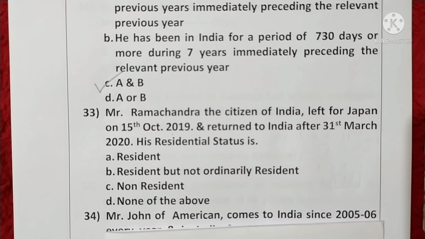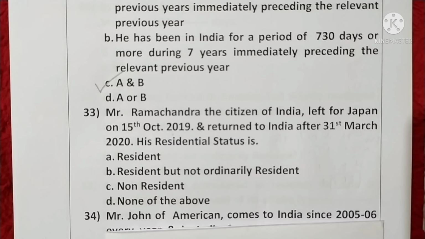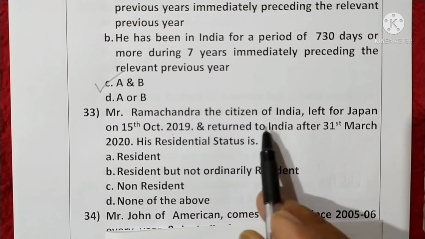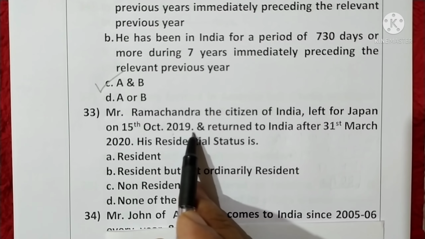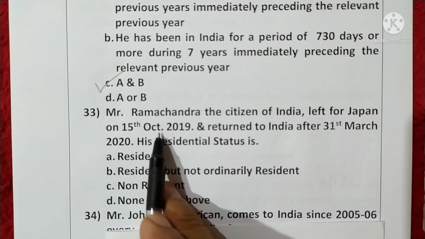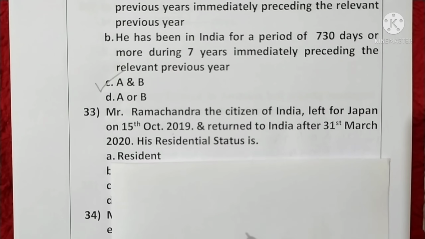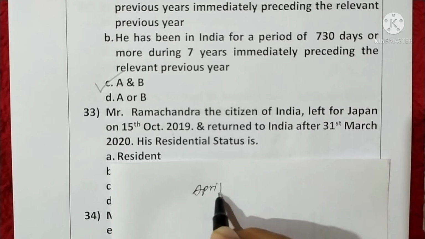Question 33. Mr. Ramchandra, the citizen of India, left for Japan on 15th October 2019 and returned to India after 31st March 2020. His resident status is? Here, Ramchandra is a citizen of India, left for Japan on 15th October. It means before that he stayed in India. We just have to count the number of days in India from 1st April to 15th October.